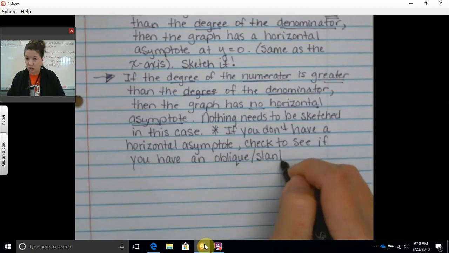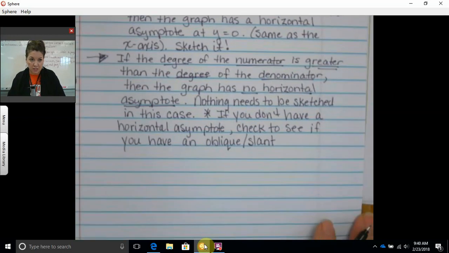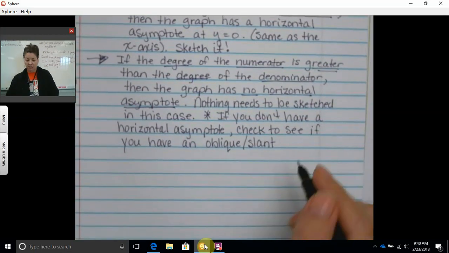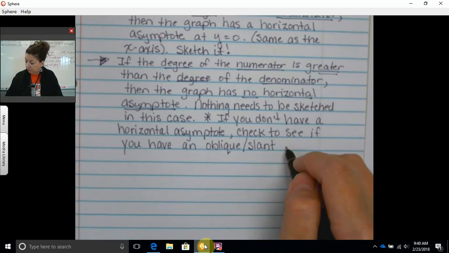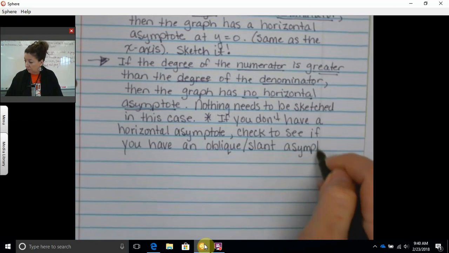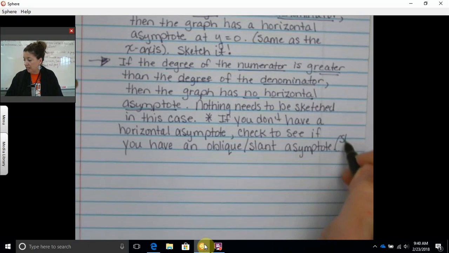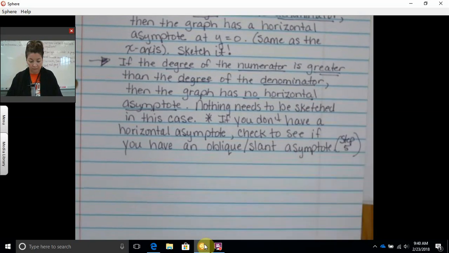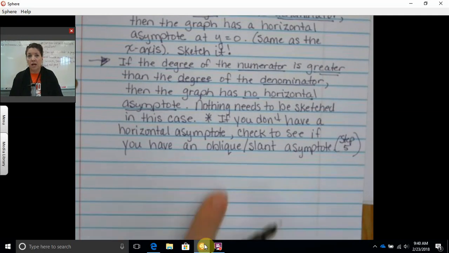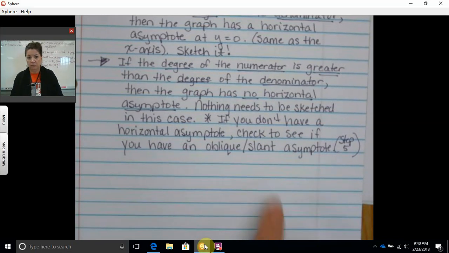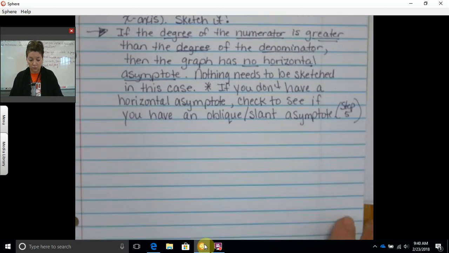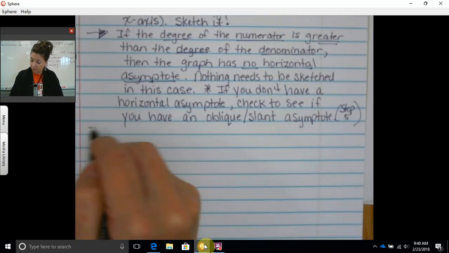Sometimes you'll hear it called oblique asymptote. Sometimes you'll hear it called a slant asymptote. Same thing. Check to see if you have an oblique slash slant asymptote. And that will be the next step, step 5. But I still have one more thing to look for horizontal asymptotes, okay? But if you don't have a horizontal asymptote at all, you might have an oblique asymptote. But there's one other thing to look for horizontal.